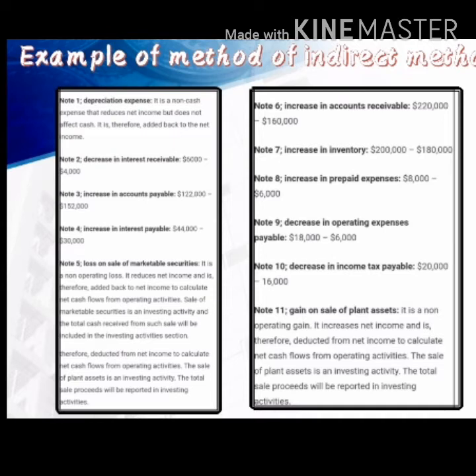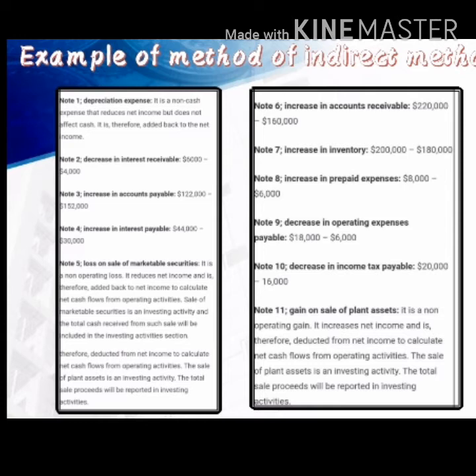We should also calculate this accounts payable: the beginning balance, which is $122,000, and the ending balance, which is $152,000. So we got the total increase in accounts payable, which is $30,000.